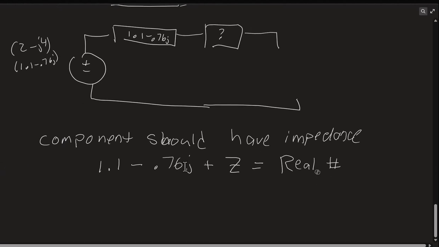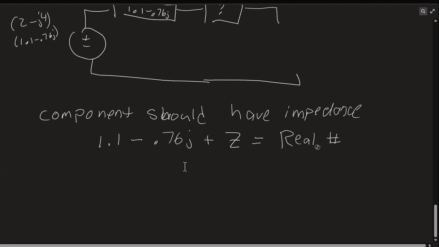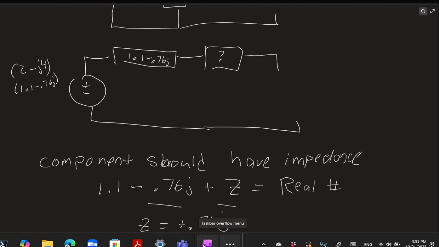So of course it could have any real part at all that I wanted to. We need whatever we add to 1.1 minus 0.76j to be a real number. The imaginary part that we have is negative.